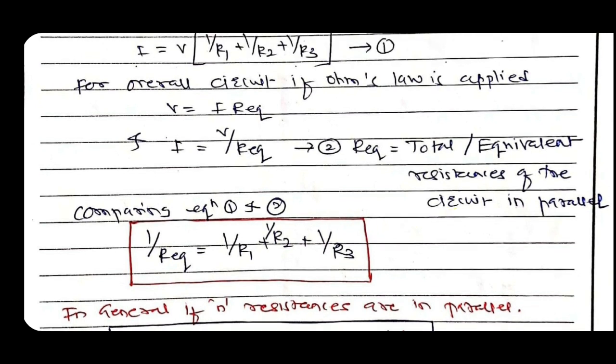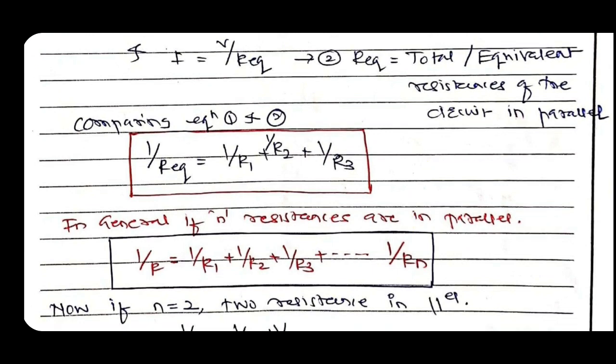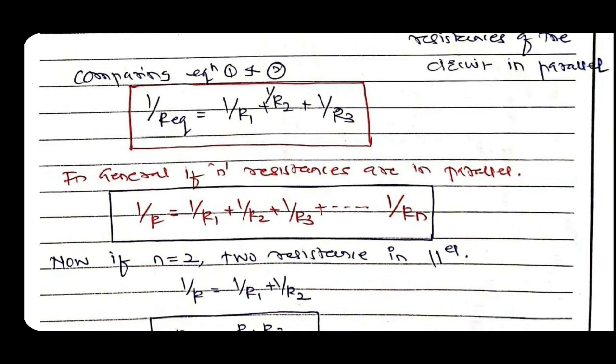In a series circuit the equivalent resistance you can simply find using R is equal to R1 plus R2 plus R3, but in a parallel circuit 1 upon R equivalent is equal to 1 upon R1 plus 1 upon R2 plus 1 upon R3. In general, this is very important: if n resistances are in parallel, that is the general formula.